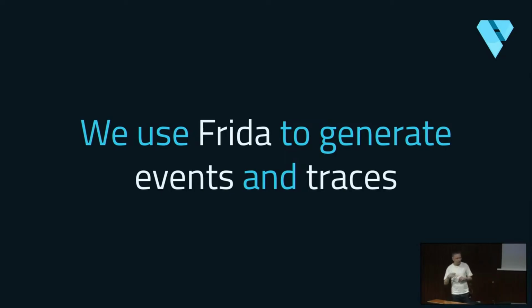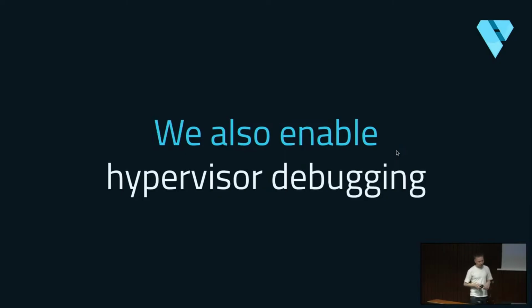The backend is written in Rust, so we use the C API, the SDK, directly, and I'm running a Frida server in the virtual machine. Then I enable this hypervisor debugging that I've presented on before.